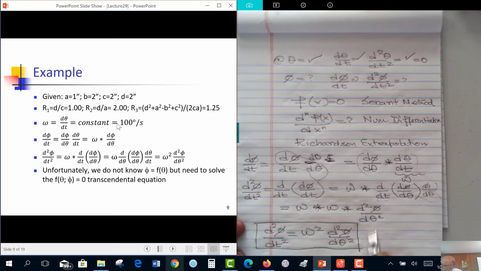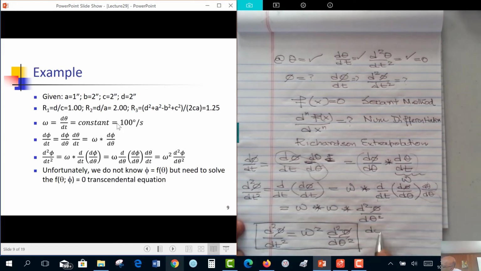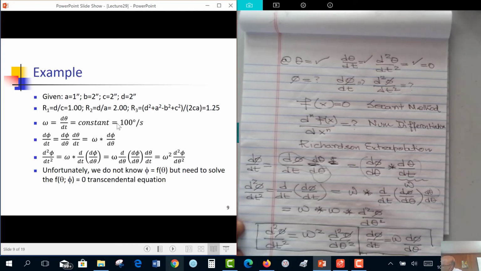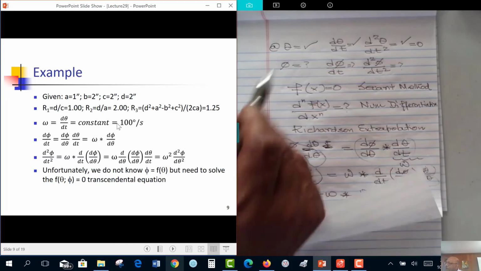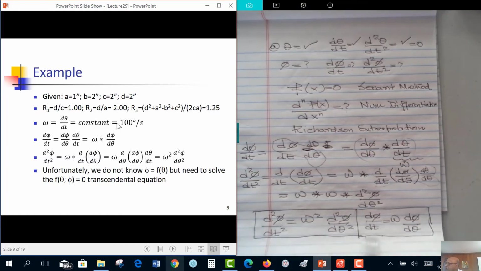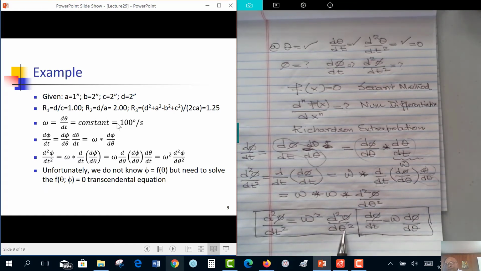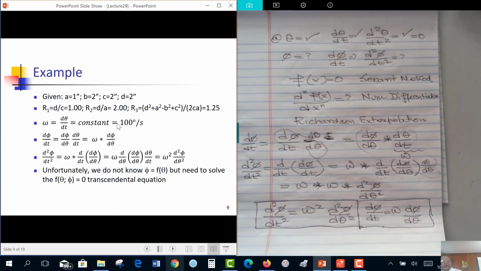Right? So we have our formulas. That means once we find phi, we would need these numerical derivatives: the first derivative of phi with respect to theta and the second derivative of phi with respect to theta.